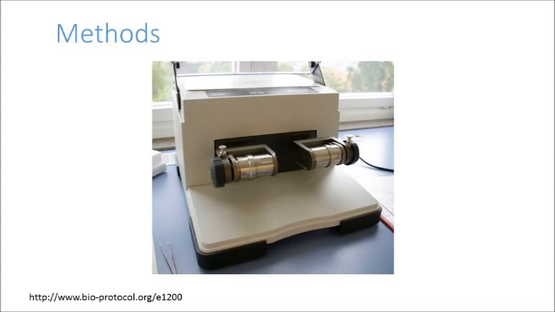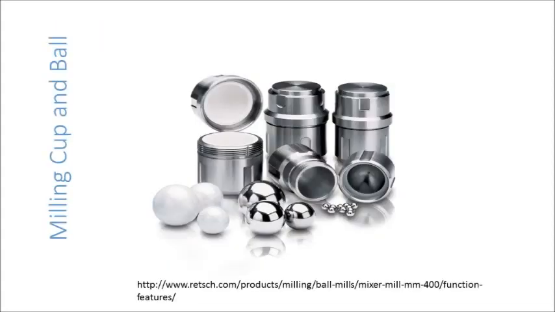into fine powder using a Retsch mixer mill shown in the picture. Model MM400 is used. Each sample was milled for 2 minutes at a frequency of 30 Hz. For milling, two 35 millimeter milling cups lined with zirconium oxide and a ball of 15 millimeter zirconium oxide were used.